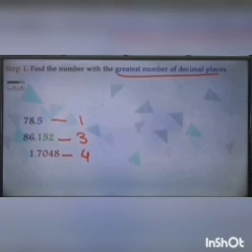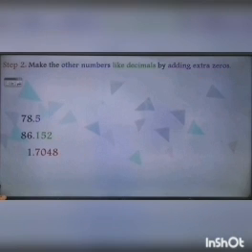So 78.5 has 1 decimal place, 86.152 has 3 decimal places, and 1.7048 has 4 decimal places. So 1.7048 has the greatest number of decimal places. Step 2: make the other numbers like decimals by adding extra zeros.